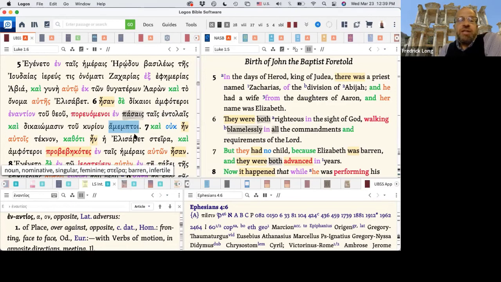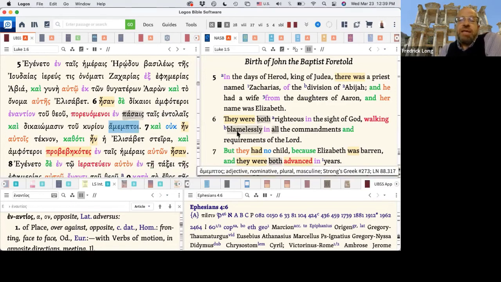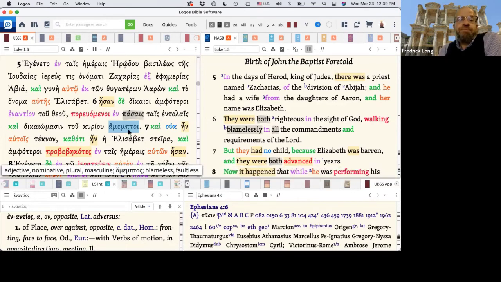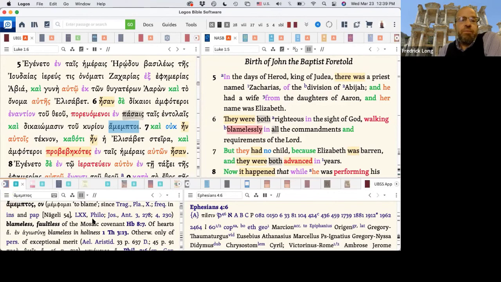Blameless. Now you can see that this is not an adverb, but in the NASB they translate it as an adverb, blamelessly. And so this is an interesting use of the nominative, almost as a final appositional affirmation using this adjective. It means literally without fault.